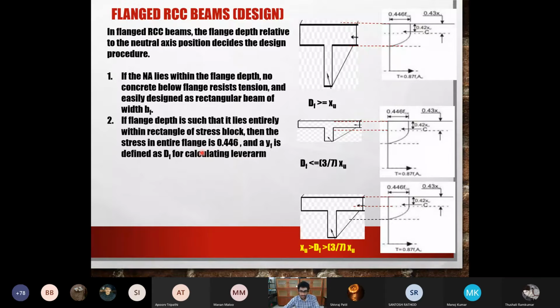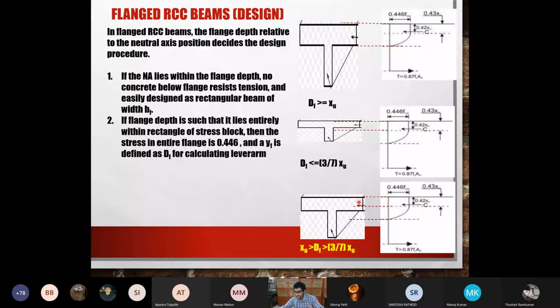And obviously, the third case is where the depth of the flange is lesser than the neutral axis position, but it is greater than the rectangle position, such that some part of the flange is within the rectangle, and some part of the flange is inside the parabola. So this is an intermediate depth of flange, which is not as deep as the neutral axis.